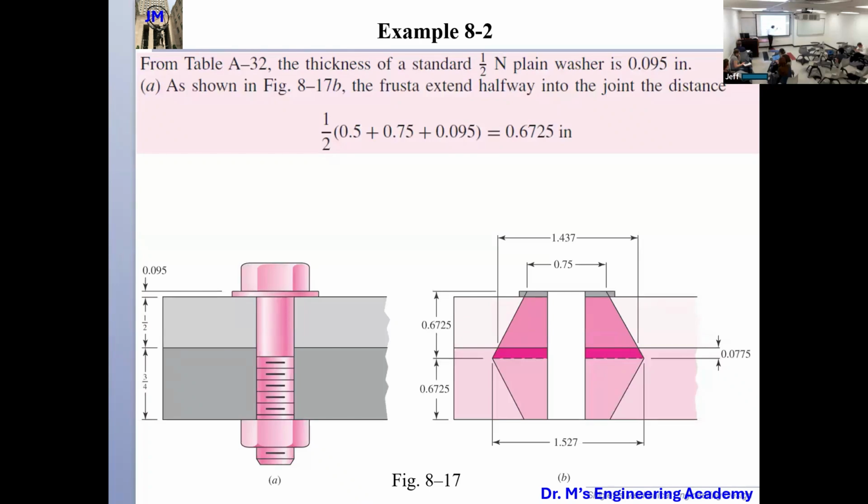If I draw a vertical line, this angle is 30 degrees, right? And then if I know this distance, and for here, this is a right angle with a 30 degree angle. For this part I will know because I know the thickness. The thickness for this one equals the thickness of this plate and the washer thickness.